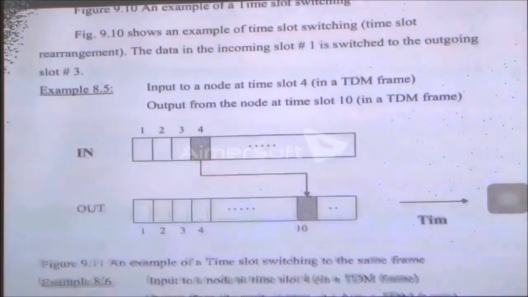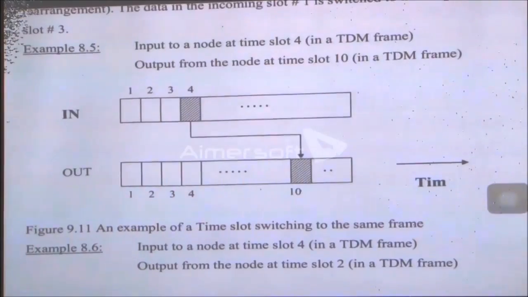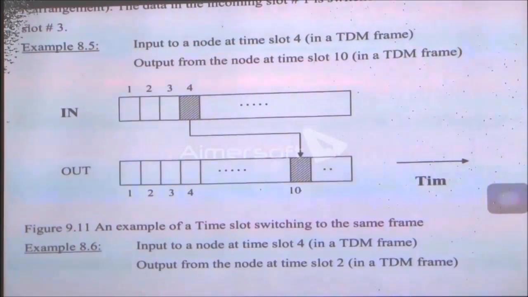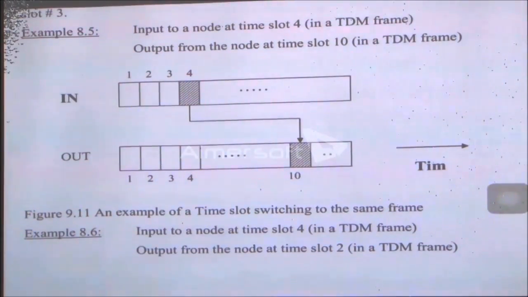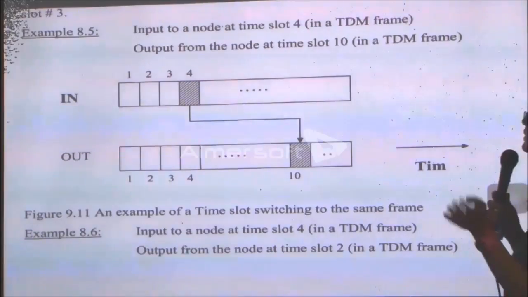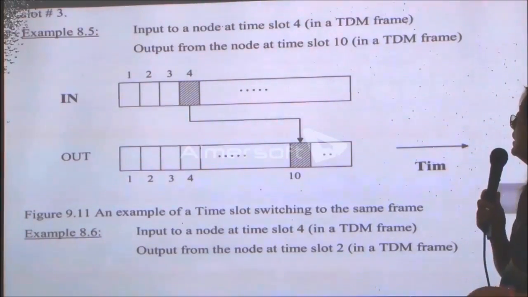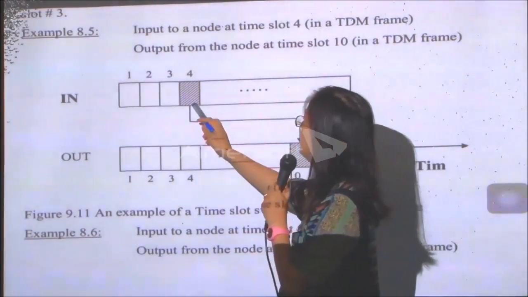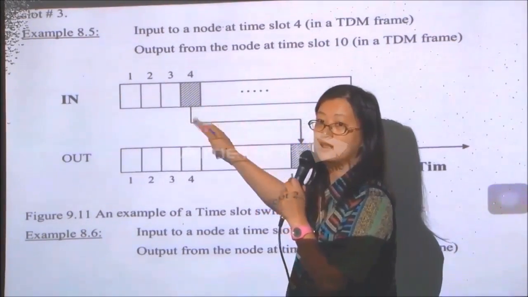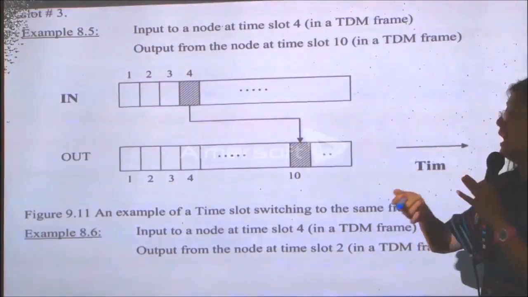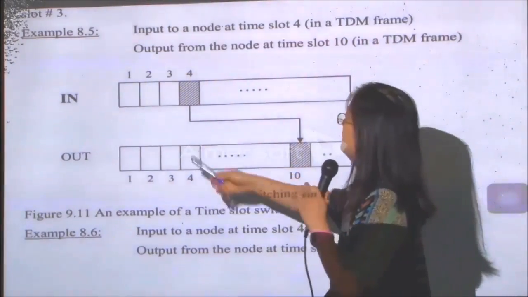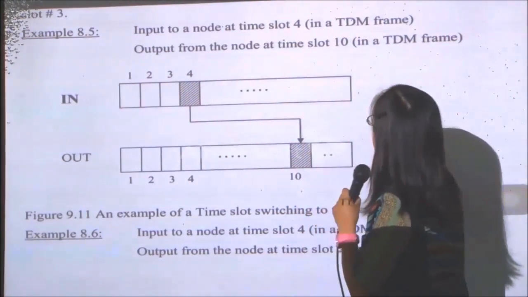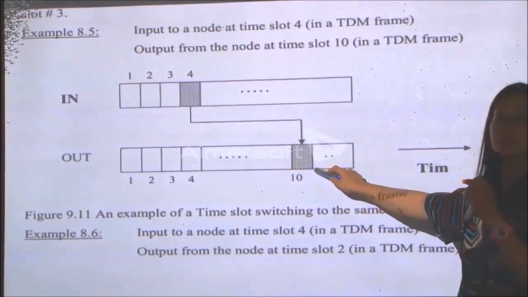We have some examples here. If you want to send the data from user 4 to user 10, the incoming TDM frame is like this, okay. The switching node will read the data from here, put it in a buffer, and then wait until, because this is coming in, this is the switching node, and this is coming out of the node, right?